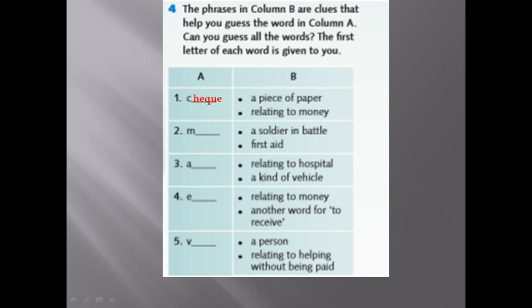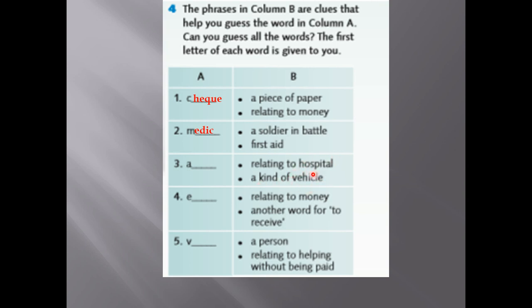It says check. Look, number 2 here, a soldier in battle, first aid. So he is a soldier which gives first aid and starts with M, as we discussed in the previous lesson of the Red Crescent. Who is this man? He is a medic. Number 3, relating to hospital, a kind of vehicle.